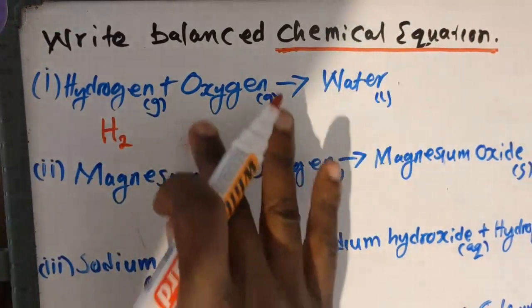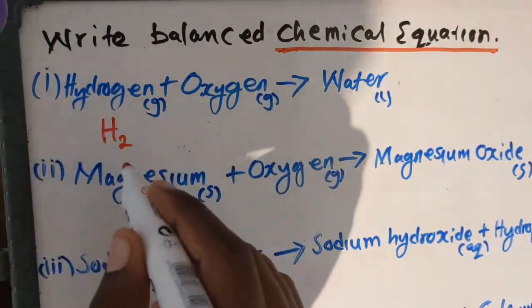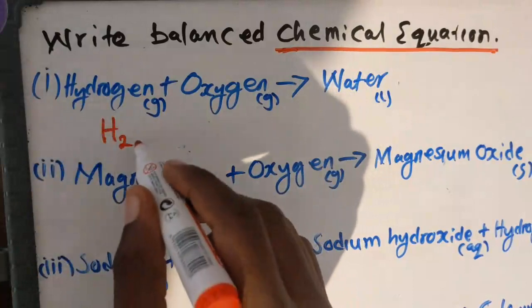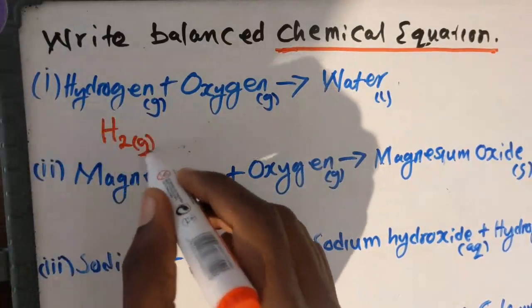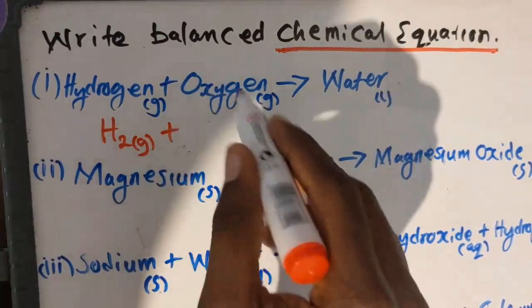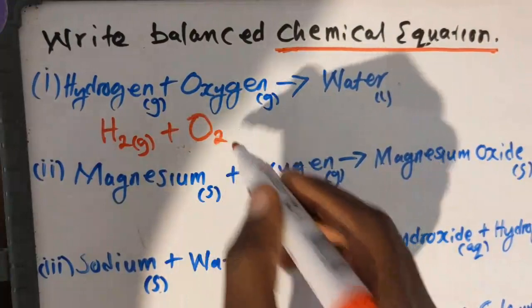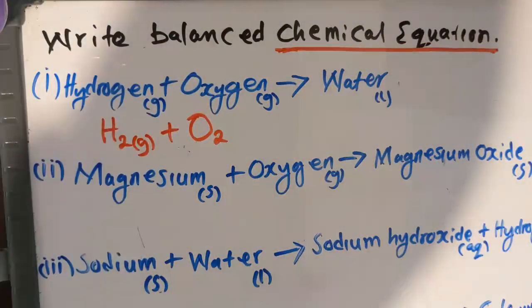They exist as two atoms. So oxygen, you write it like this, in gaseous state, plus the oxygen, a diatomic molecule, it exists like that.